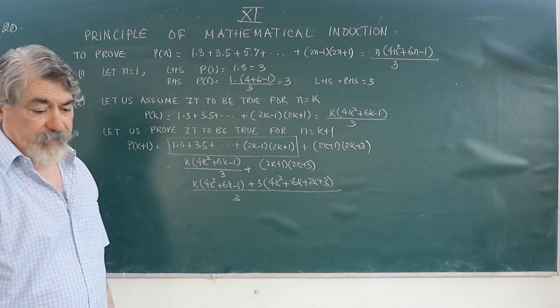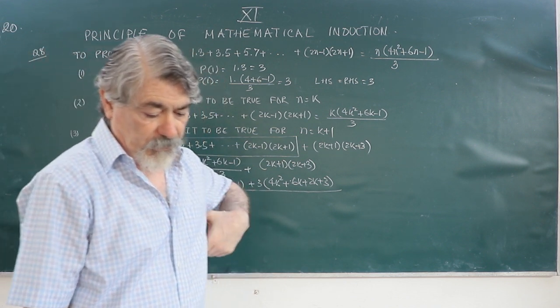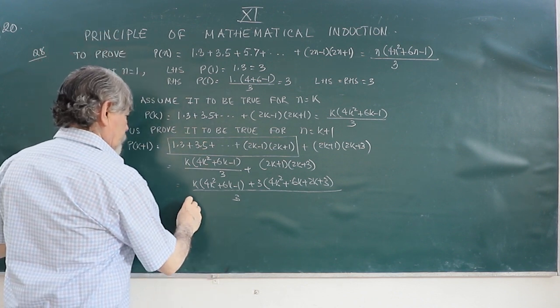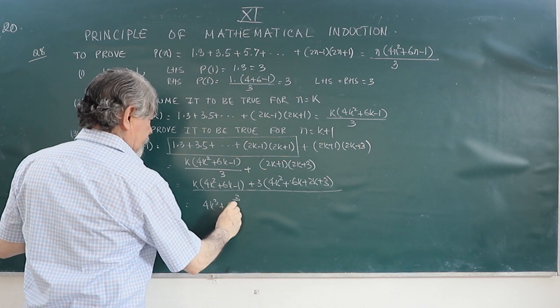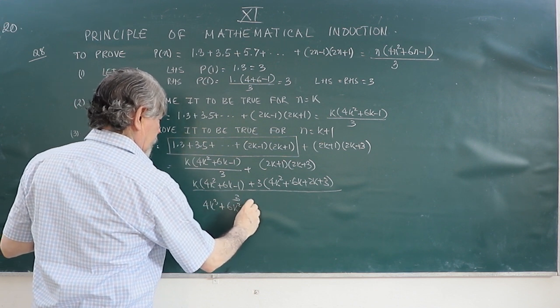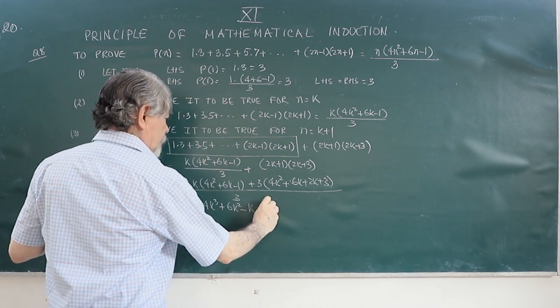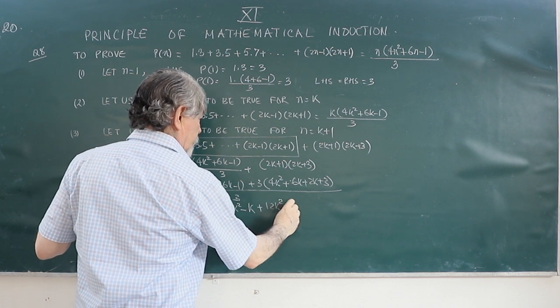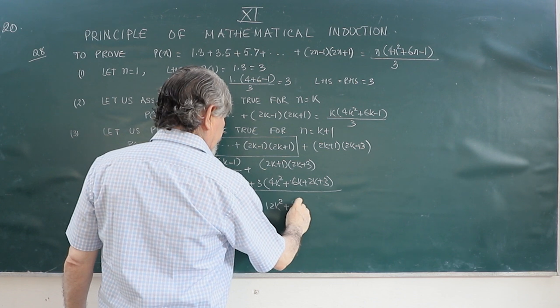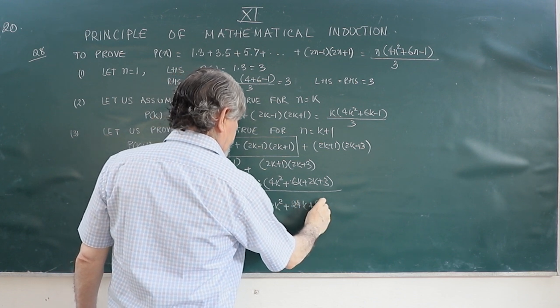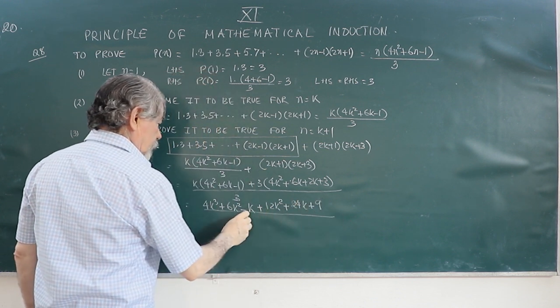Let's open all the brackets. It will become 4k cubed plus 6k squared minus k plus 12k squared plus 6 plus 2, 8 times 3 is 24k, plus 3 times 3 is 9, upon 3.